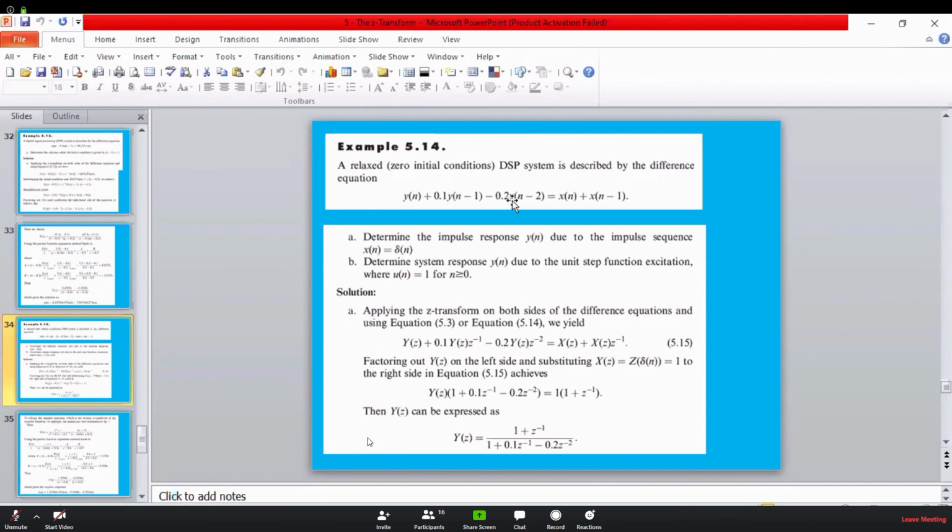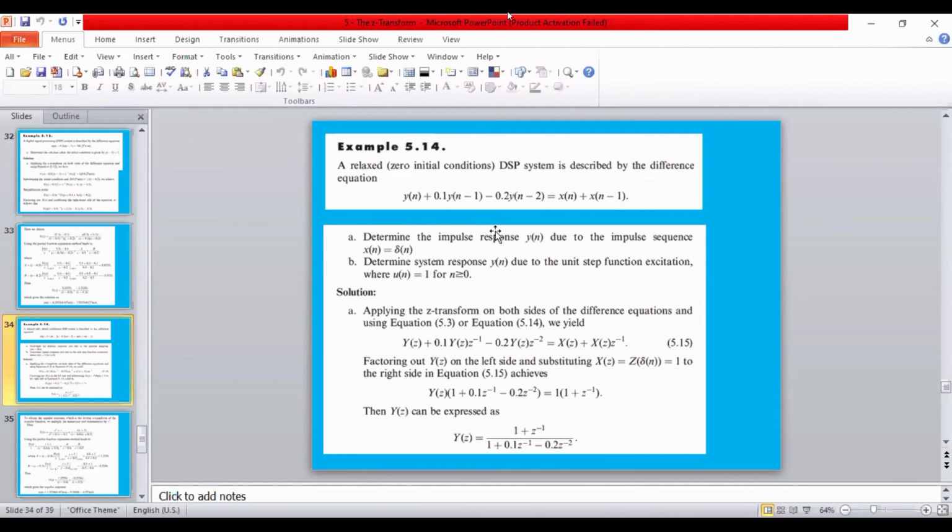Again, this step should be clear. We transform it to the Z domain, Y(z). Since we are given 0 initial conditions, we only have a simple Y(z) times z raised to the power of -1 because we have a shift of 1 here, right? And if it is shift by 2, we have z to the power of -2 here. Quite simple, right? Simple transformation.